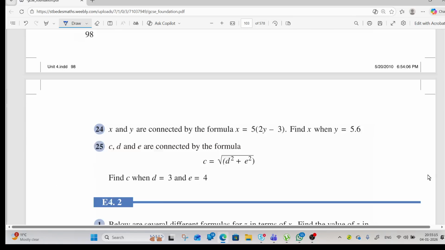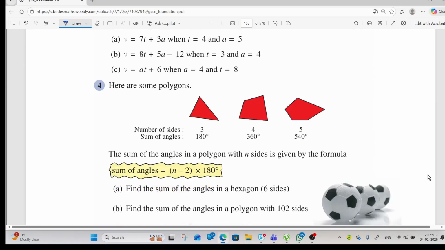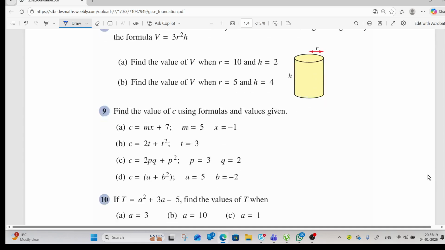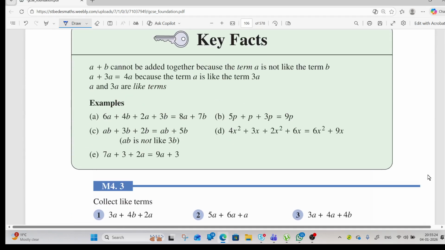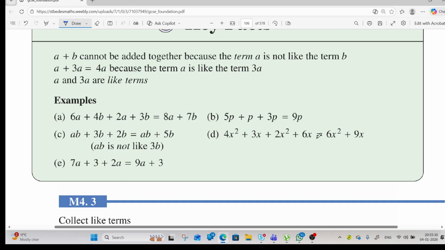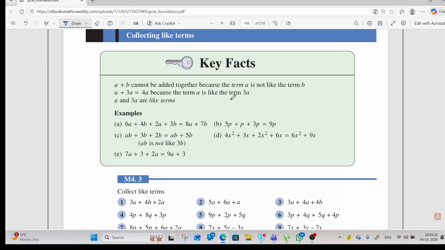So now let's learn what like terms are. How do we add algebraic expressions? Letters are called variables and numbers are constants, you can remember it like this.